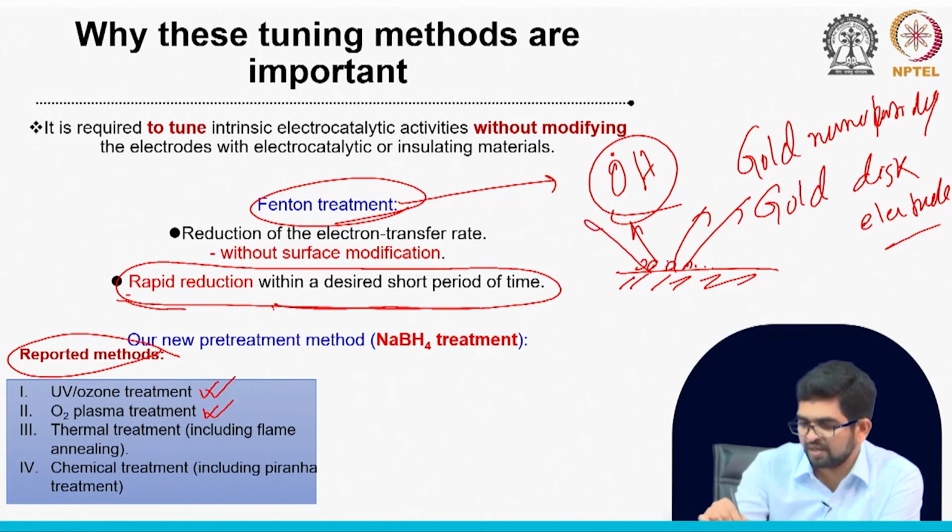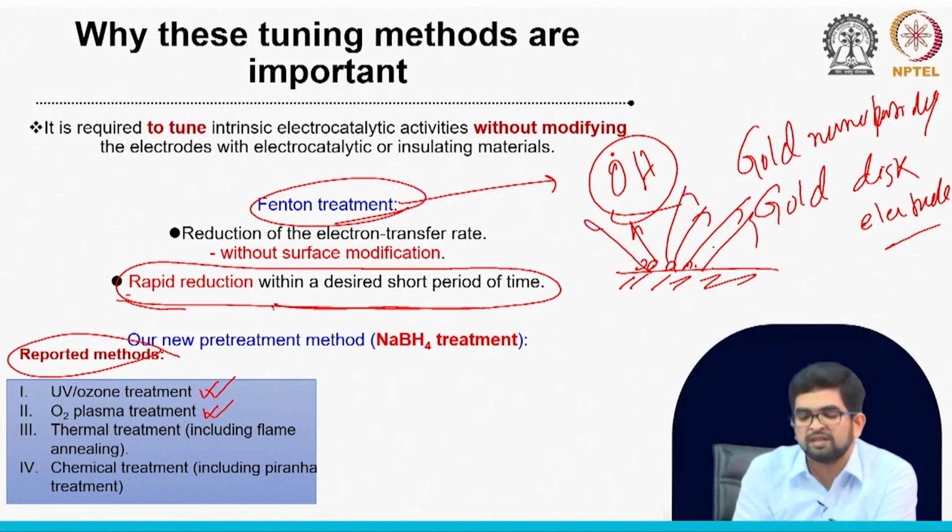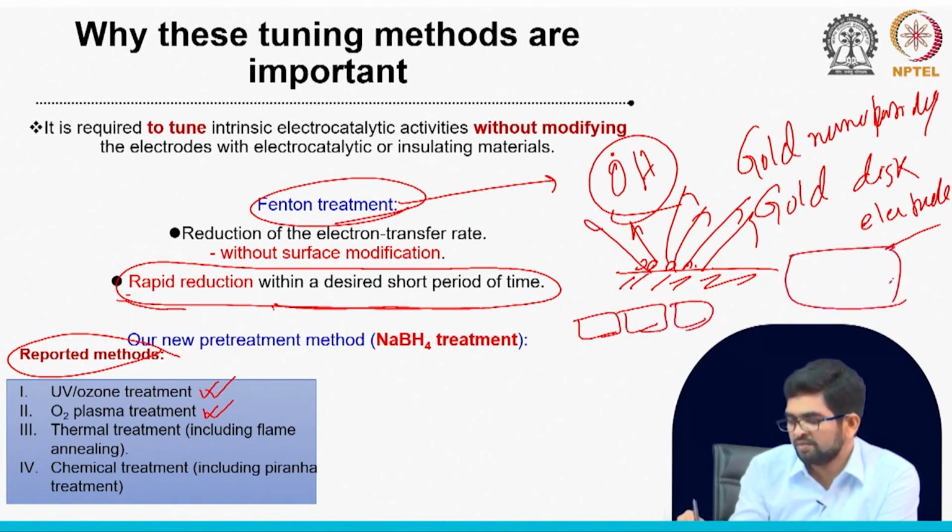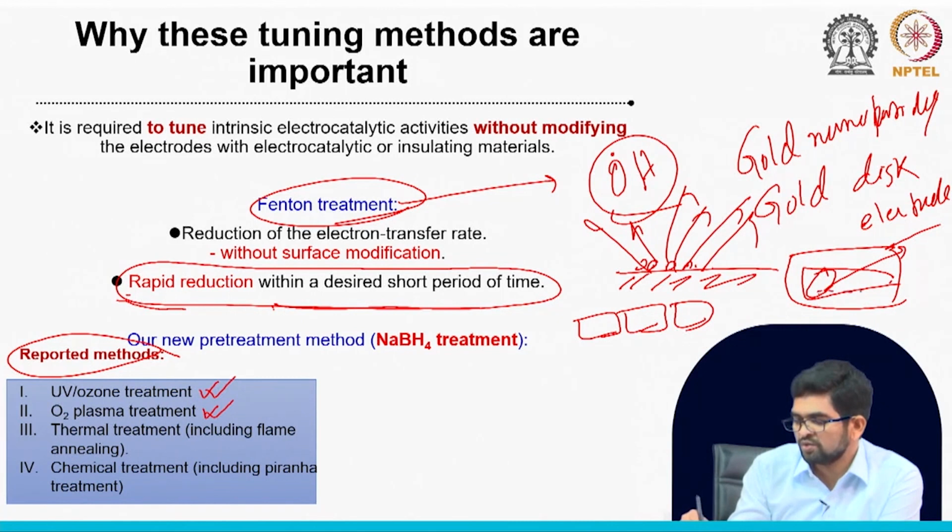You have to put all your electrode chips inside the O2 plasma chamber, then turn on the O2 plasma, then you will see the bluish color, and this O2 plasma will remove all the contaminant.